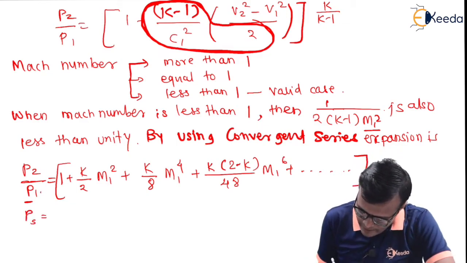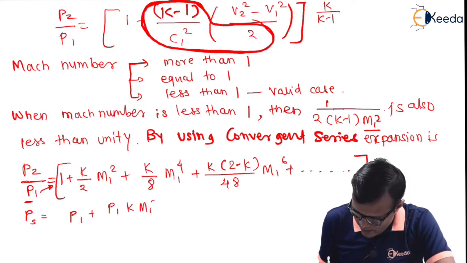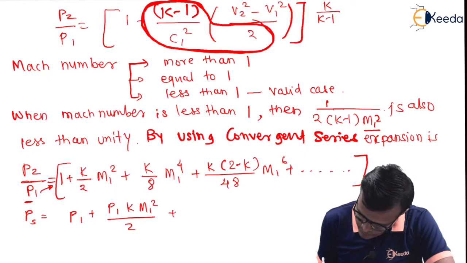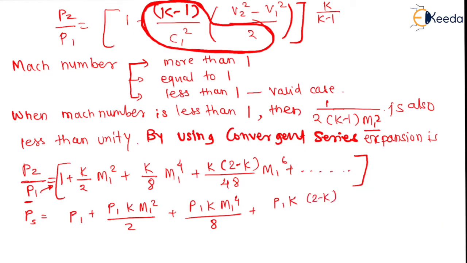PS is equal to, I am directly multiplying this P1 with the other side, so I will have P1 plus P1K M1 square upon 2 plus P1K M1 raised to 4 upon 8 plus P1K (2 minus K) M1 raised to 6 whole divided by 48. So I have various terms, P1 plus something addition. So I will calculate the value of this term.